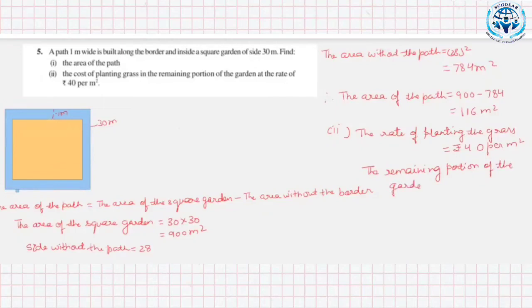The remaining portion is the portion without the border, that is the area is 784 meter square. To find the total cost, we will multiply 784 and 40, and the total cost of planting grass is rupees 31,360.